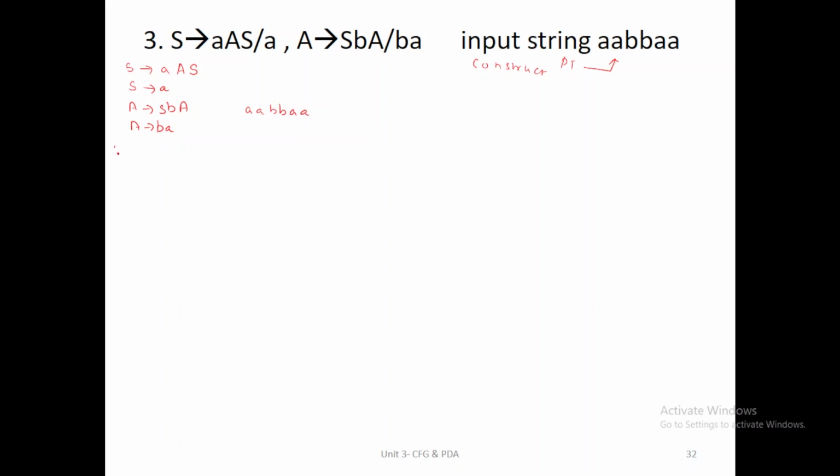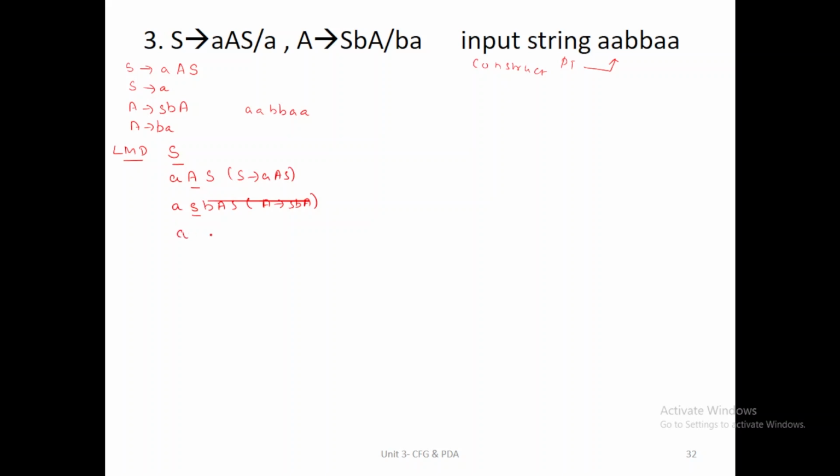The derivation I am taking is LMD. The starting symbol is S, so this S should be replaced as aAS. I am writing that production. Then the first non-terminal is capital A, which will be replaced as SbA. I am writing the production in brackets.